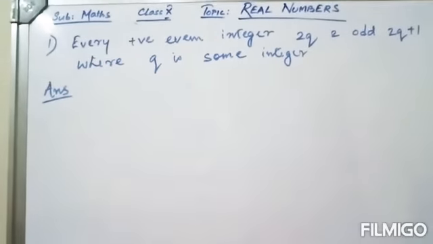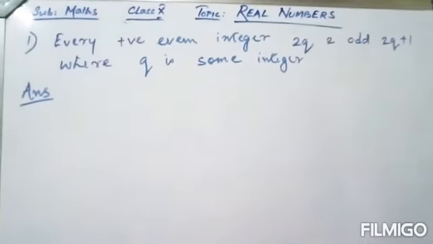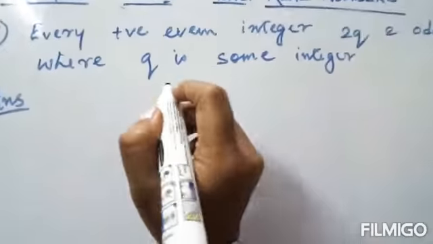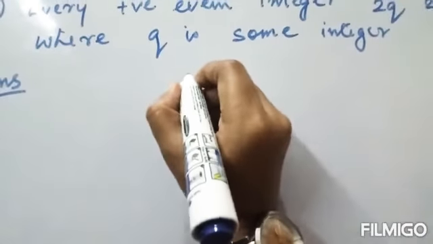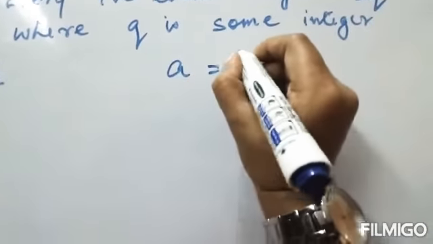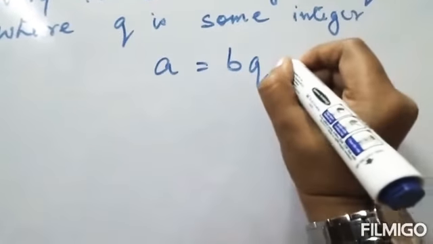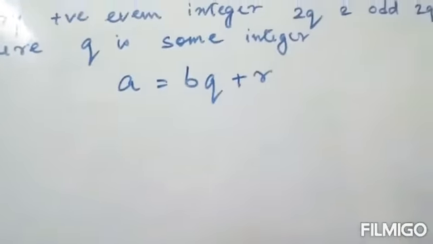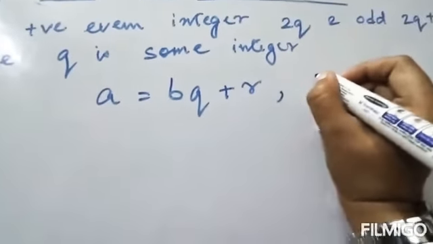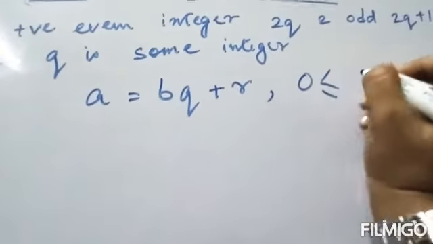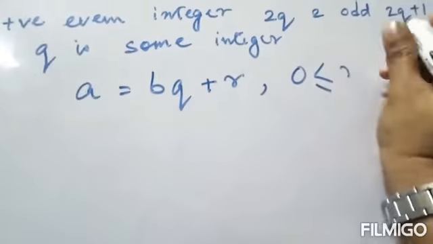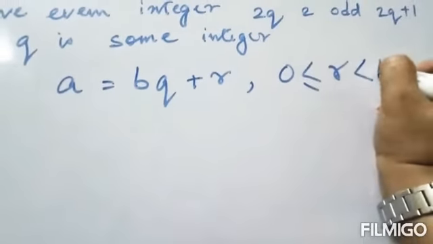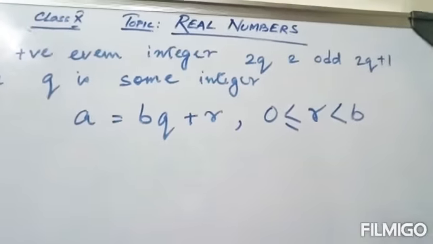So how will you do this using Euclid's division method? What was Euclid's division algorithm? It was A is equal to BQ plus R, where R is always greater than or equal to 0 and less than B, right?